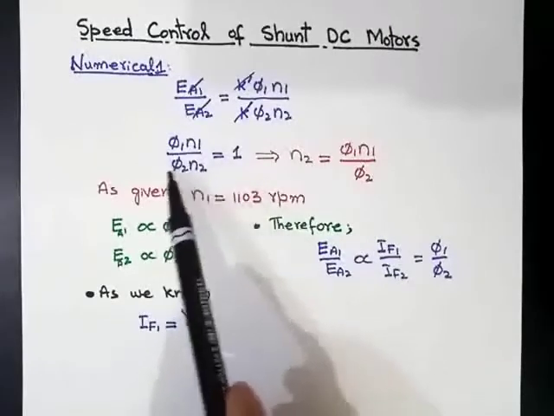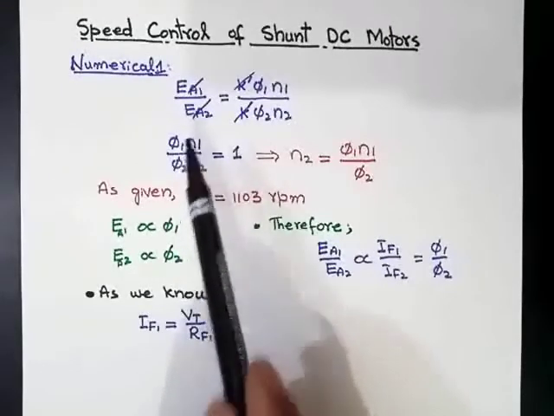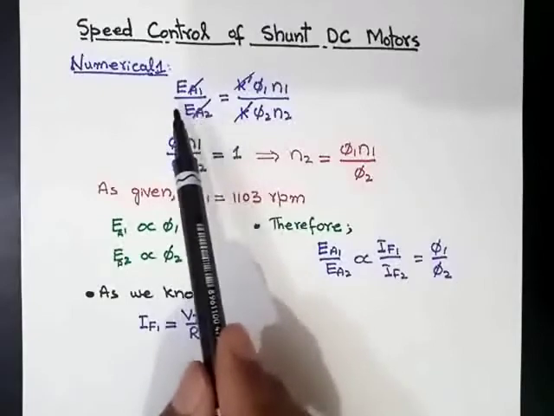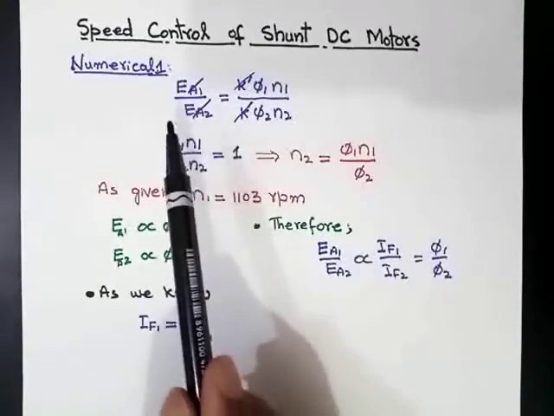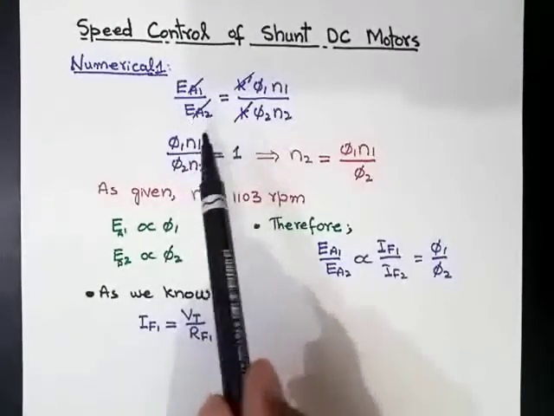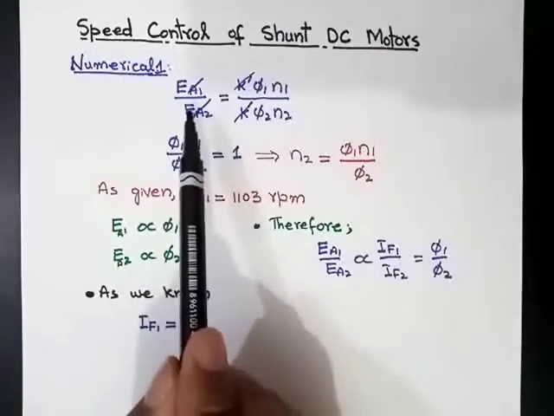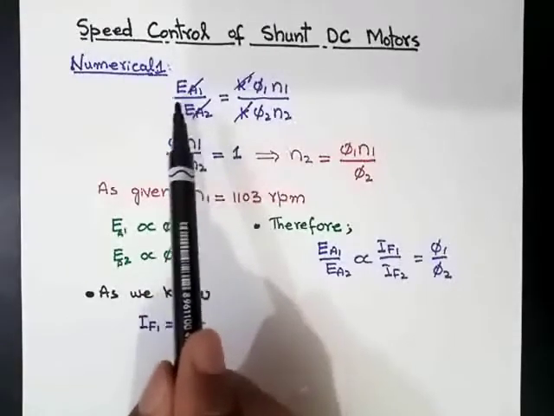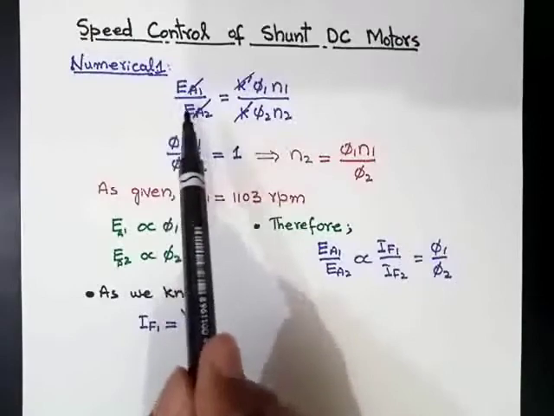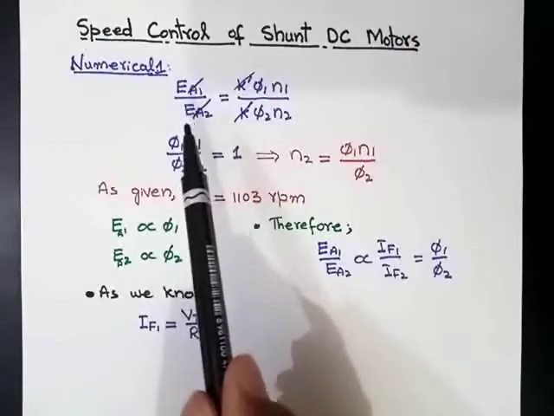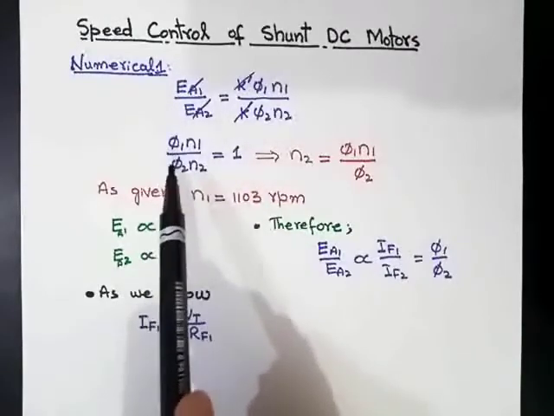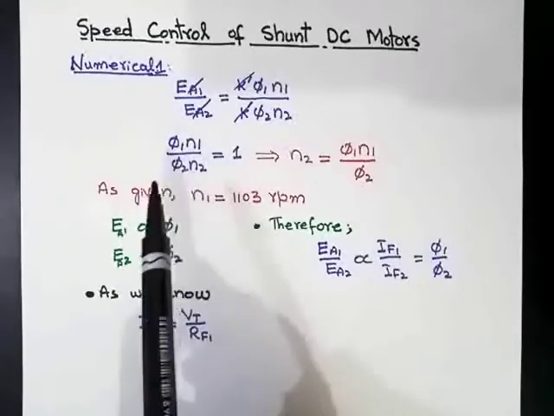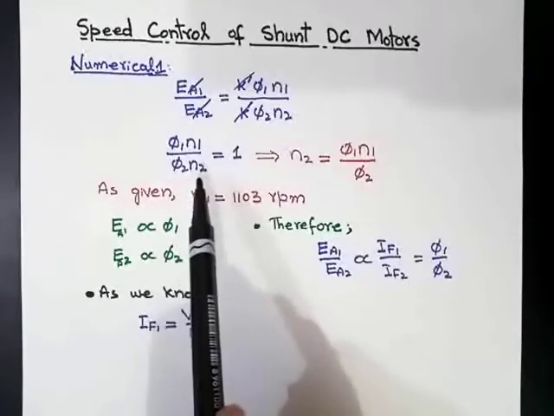The internal generated voltages cancel out because in this problem the armature current is assumed to be constant. Therefore, 1 is equal to flux 1 into N1 over flux 2 into N2.